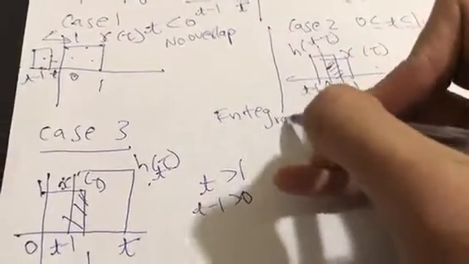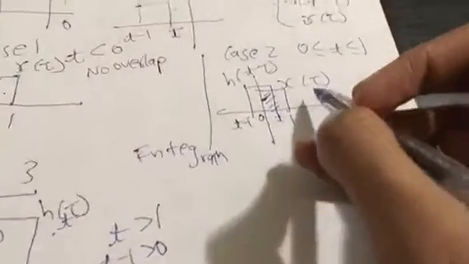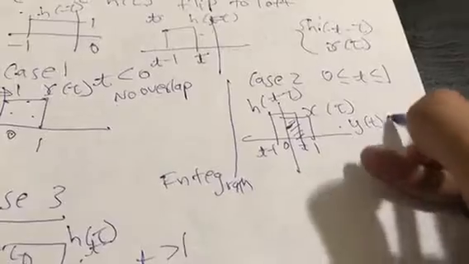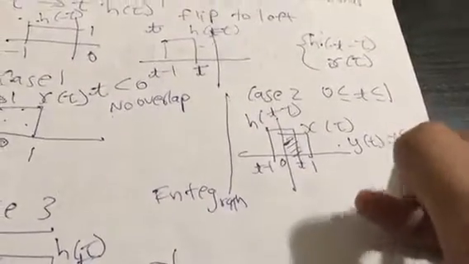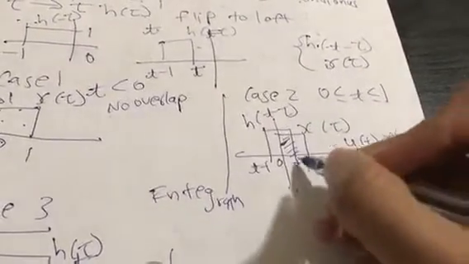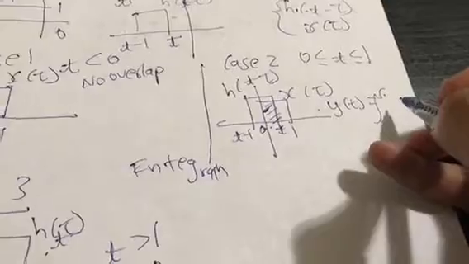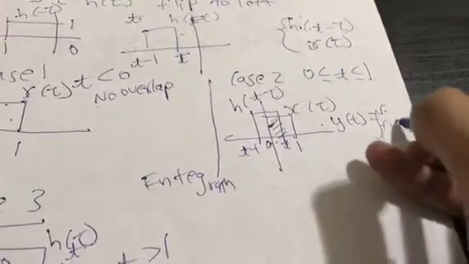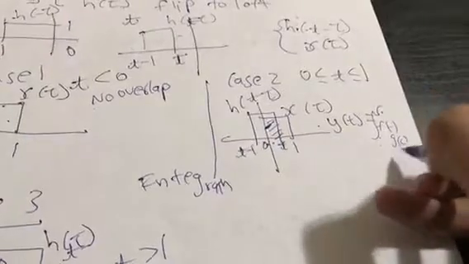Now for this case, we integrate. y of t is equal to the integration with limits, and the limits are where the signals overlap. So y of t is the integration of f of tau into g of t minus tau d tau.